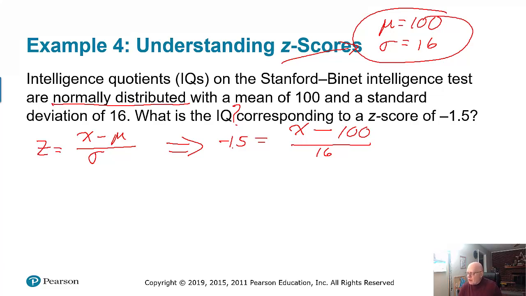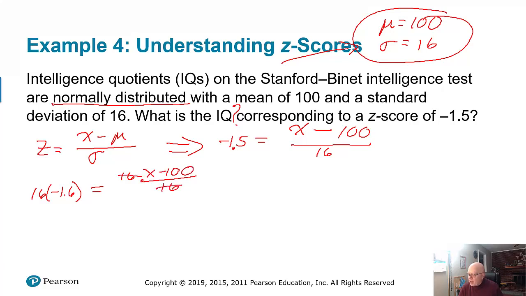The easy way of clearing fractions is multiply by the least common denominator. The only denominator is 16, so we'll multiply both sides by 16. So 16 times negative 1.6 on the left side, and 16 times x minus 100 over 16.